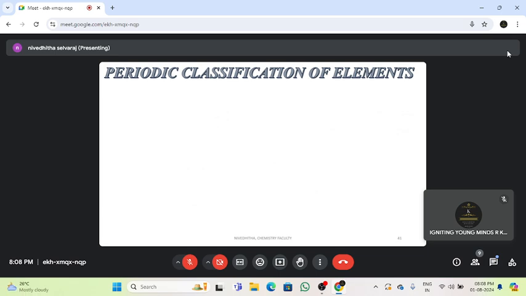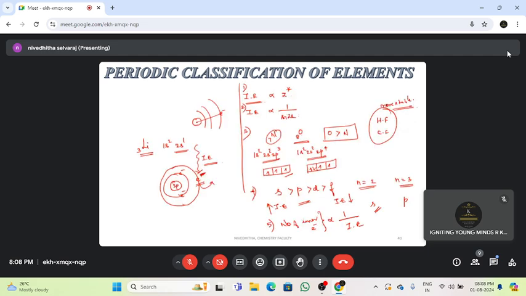Now the third point. Before getting into another periodic property, in the periodic table, which element will have the highest ionization energy? As we move from left to right in the periodic table, ionization energy increases, which means the element present in the rightmost corner will have the highest ionization energy, right? Which can be your 18th group. In the 18th group, as we move from top to bottom, ionization energy decreases.